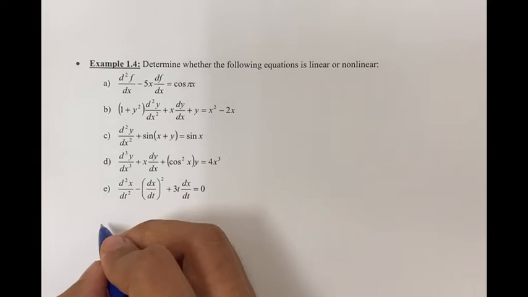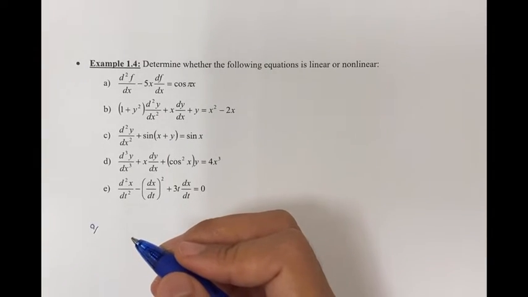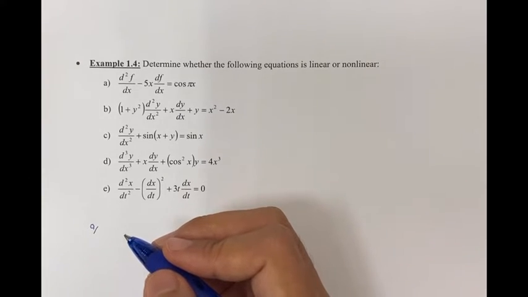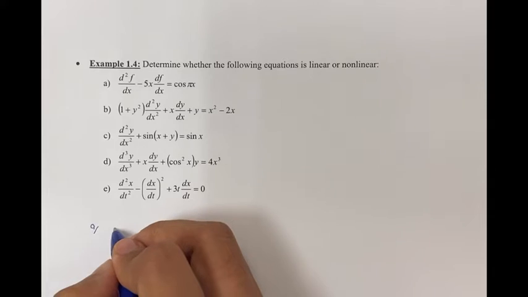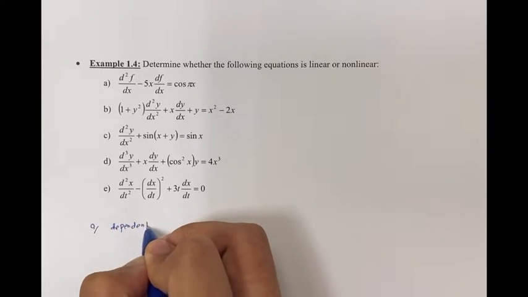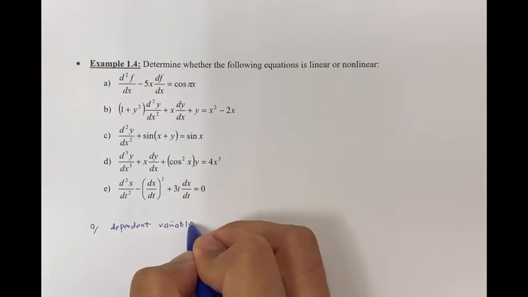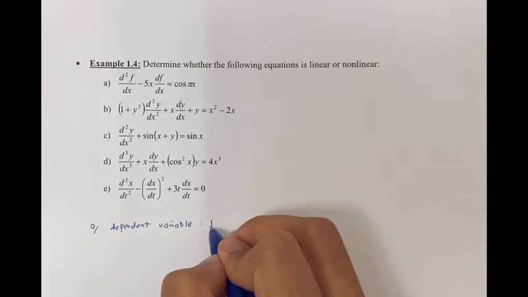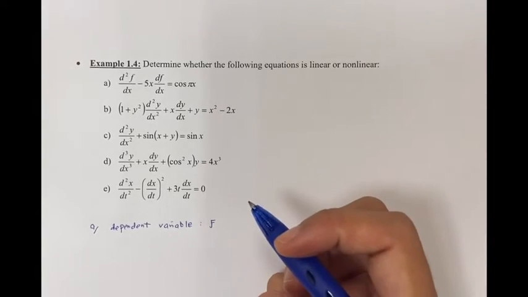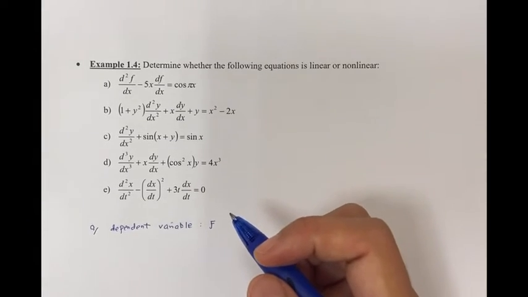To determine whether it is linear or non-linear, you need to determine what your dependent variable is. It is important for you to know. For A, your dependent variable is f. There is no multiplication of f with the derivative df over dx, so we pass the first condition.